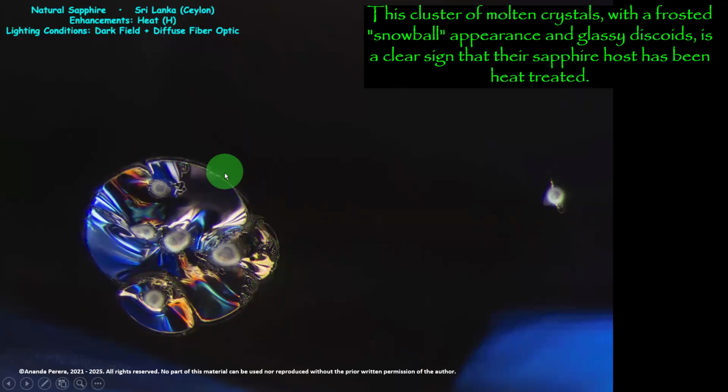Look at this. The stone is a Sri Lankan stone. It is a heated stone. Lighting condition here is dark field plus diffuse fiber optic. There are two. This cluster of molten crystals has a frosted snowball-like appearance. Can you see this snowball-like appearance? Those are glassy discoids.